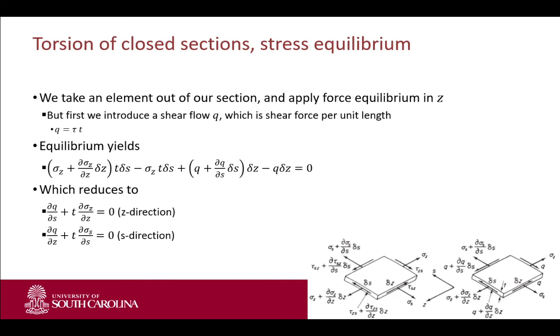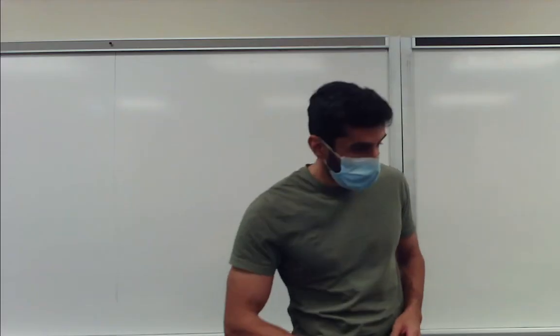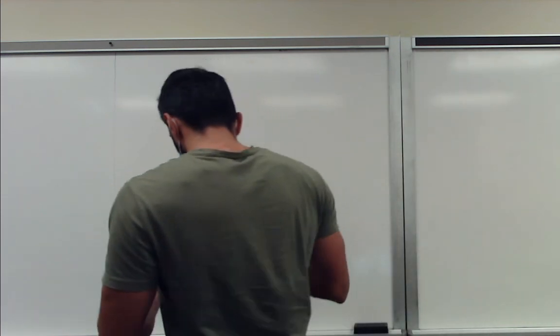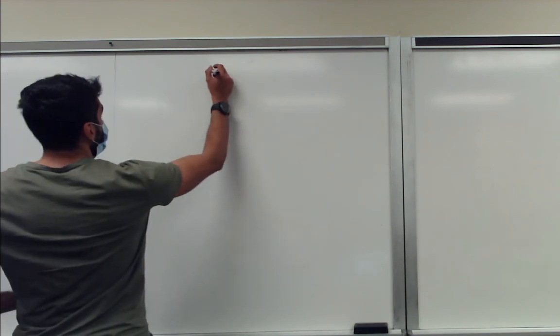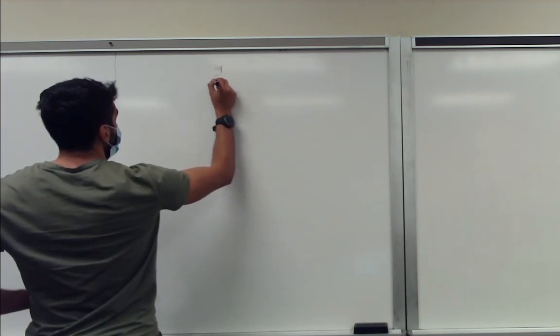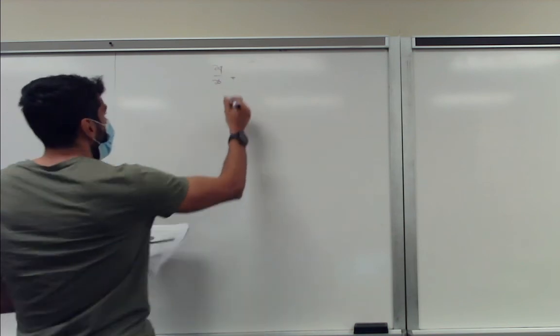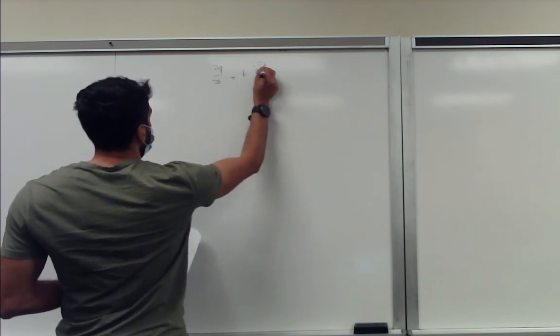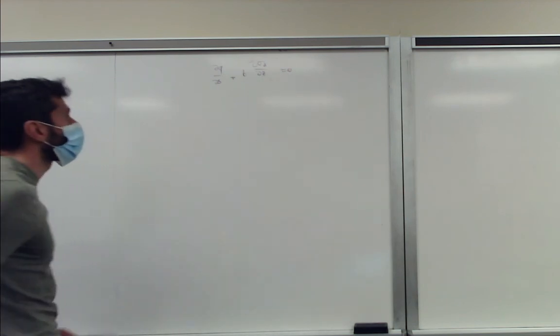Good. So what we're going to do is restart at the equations that we derived for the shear flow sections. Let's revisit our shear flow equations. We stated that dq/ds times ds plus t times d sigma/dz is equal to 0.